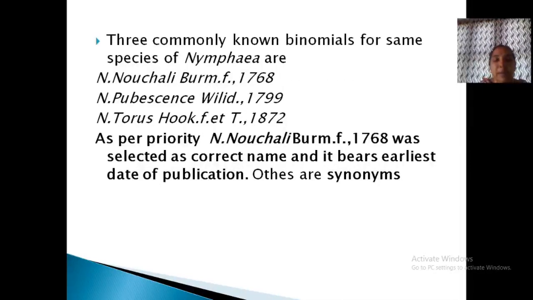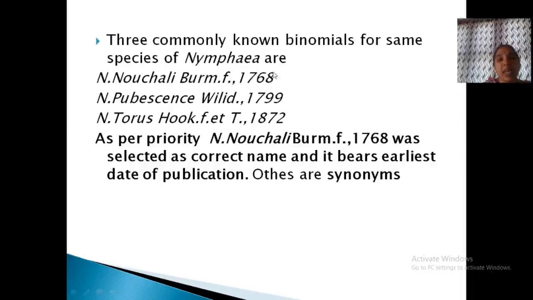Okay. Now, see another case. There are some plants for which different taxonomists have given different names, like Nymphaea nouchali, Nymphaea pubescens, Nymphaea taurus, all having been published in different years: 1768, 1799, 1872. In this case, which one will be selected as the correct name?